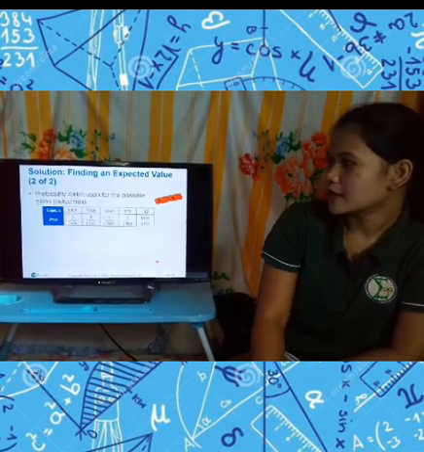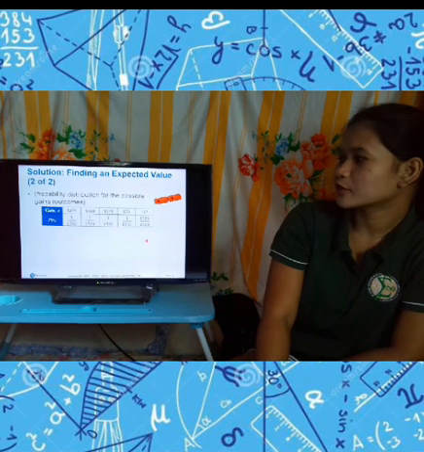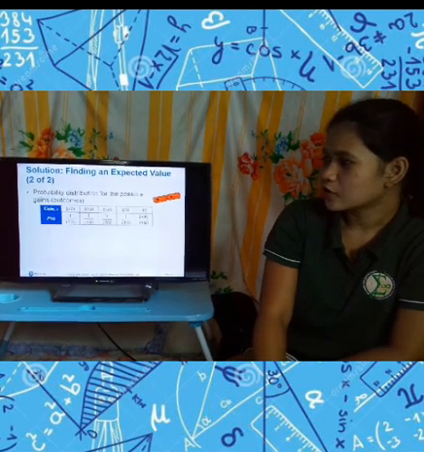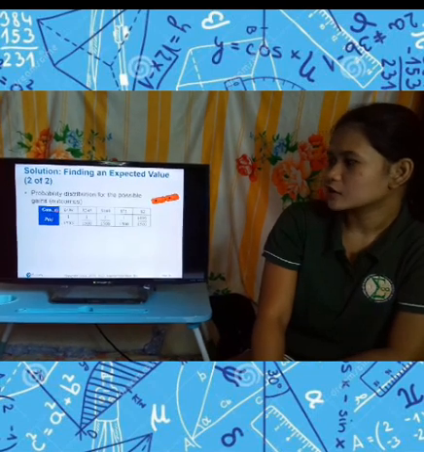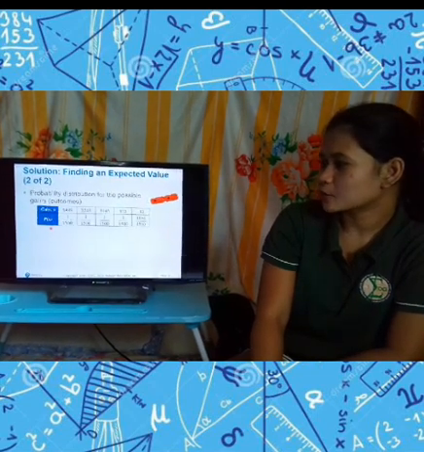So, let's make a probability distribution table for the possible gains or outcomes. Our random variable here is the gain, with its corresponding probabilities.